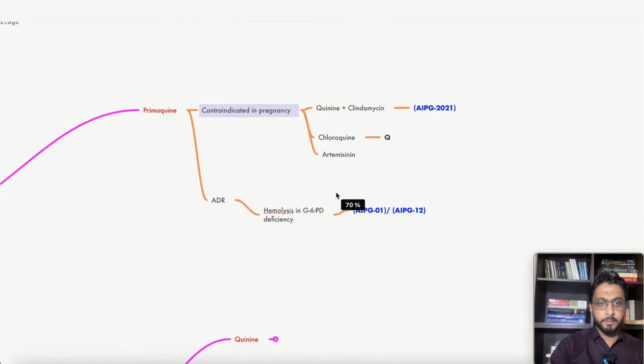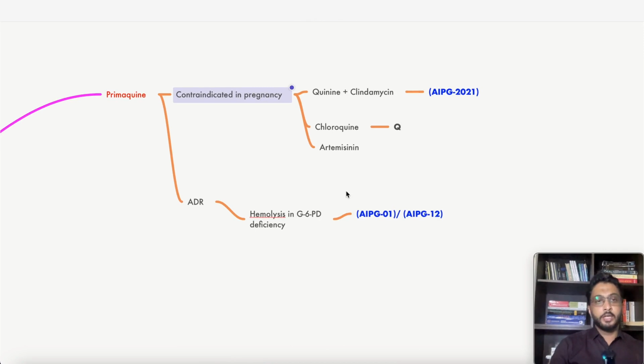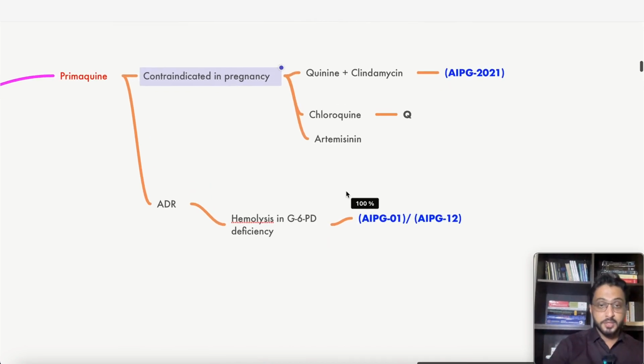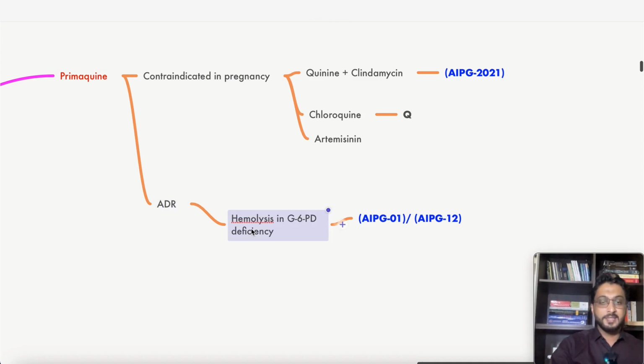Here we are not using primaquine in pregnancy, and there is a very problematic situation related to primaquine which you must understand: it causes hemolysis. One of the very serious adverse effects of primaquine is hemolysis in patients with glucose 6-phosphate dehydrogenase deficiency.